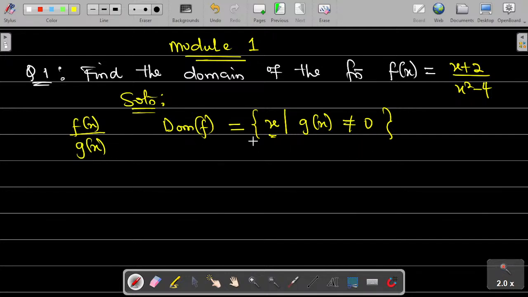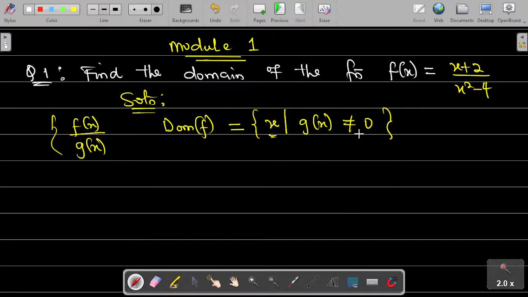So when it comes to a fraction, for a fraction to be reasonable, the denominator must not be 0, and that's why we are defining the domain in this form. That means any value of x is allowed so far as that value of x does not make the denominator 0.